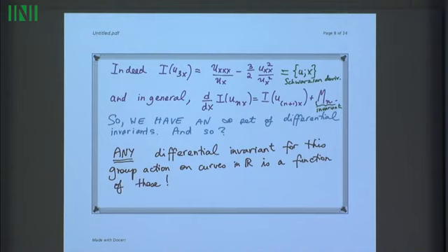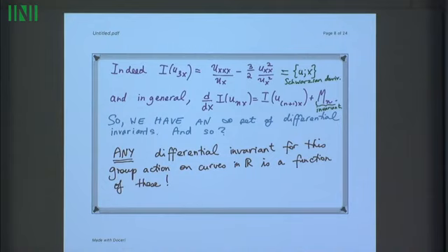It's the Schwarzian derivative, and that's what you obtain. And in general, we obtain that the invariant associated with the n plus 1 derivative is equal to the derivative of the previous one plus stuff. And the plus stuff turns out to be interesting, as you will see. The plus stuff turns out to be very interesting.